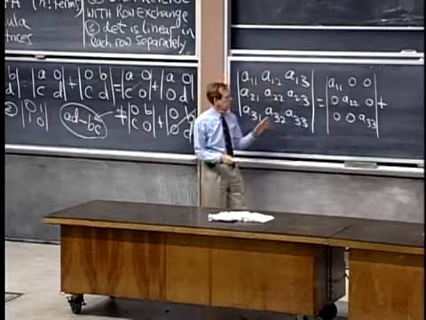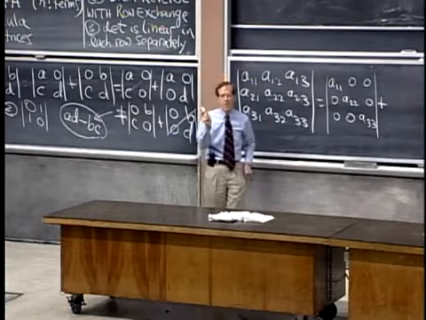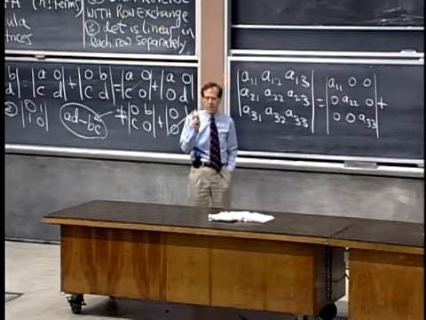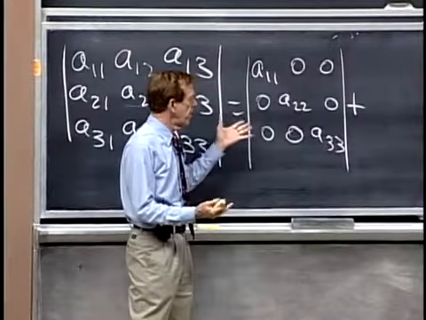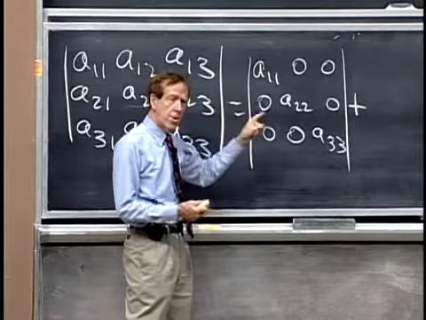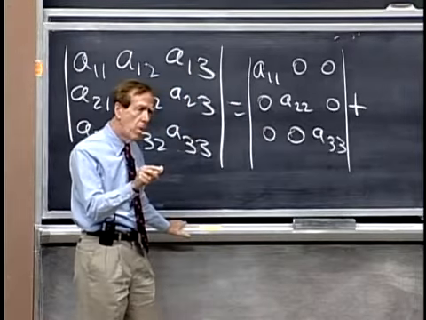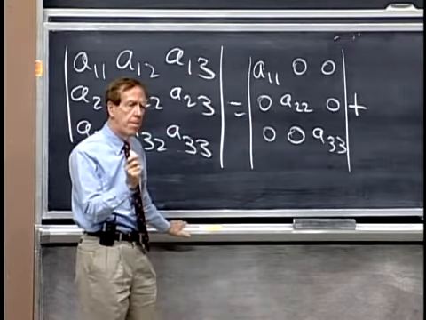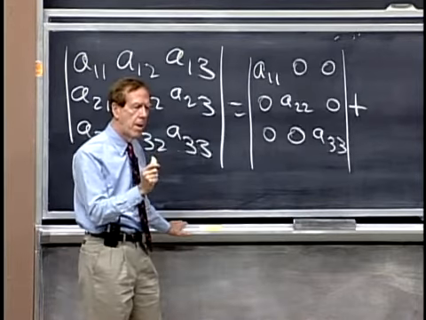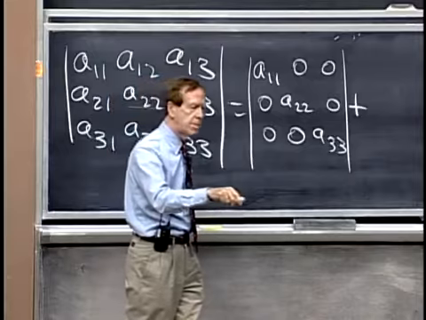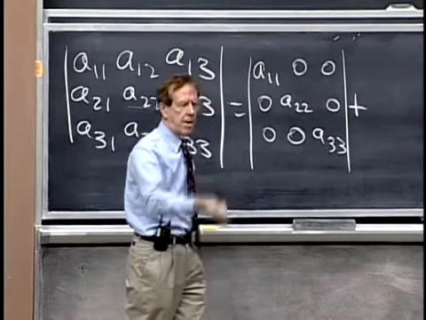Oh, now here you see the clue. The survivors have one entry from each row and each column. One entry from each row and column. Because if some column is missing, then I get a singular matrix.